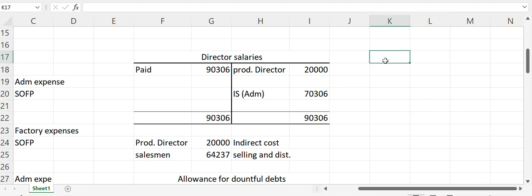So let us open an account for office salaries, because these are office salaries.